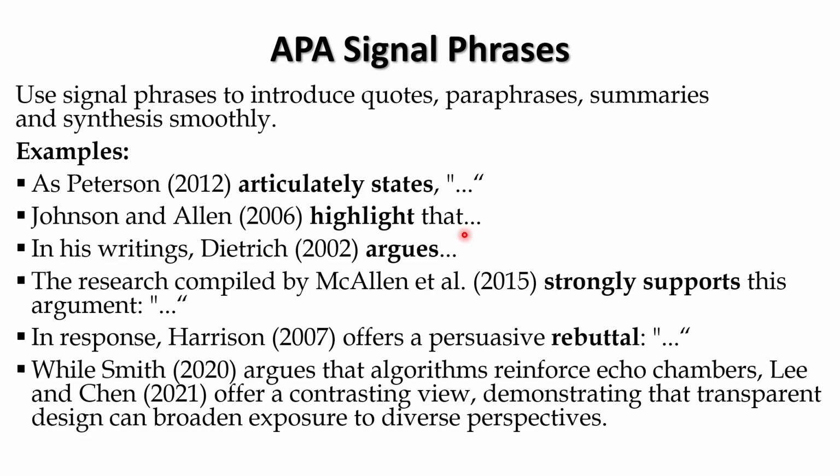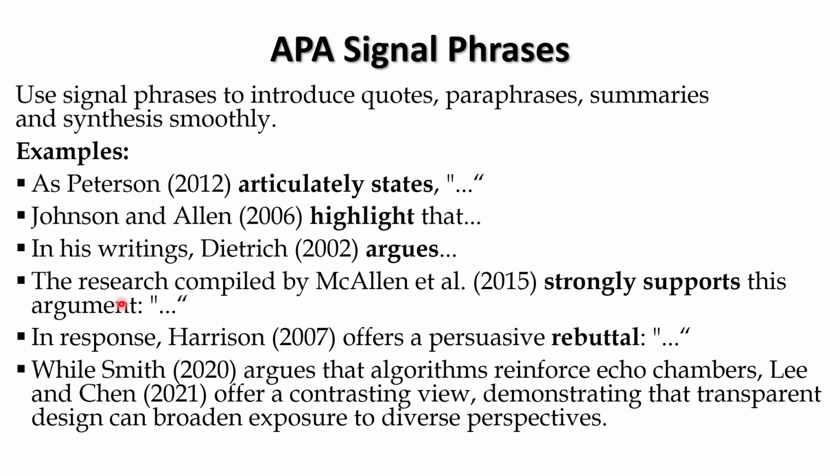This is a neutral, clear way to introduce a paraphrase. It just says, here is what they emphasize. Then, in his writing, Dietrich (2002) argues. "In his writing" gives a little context. It reminds us this is a sustained argument across a body of work.